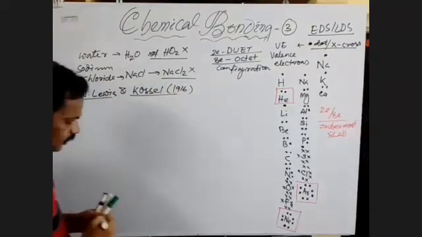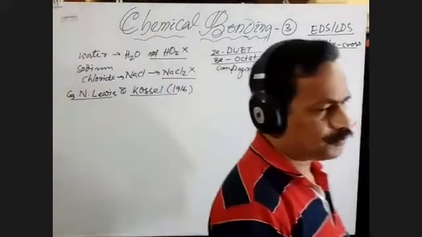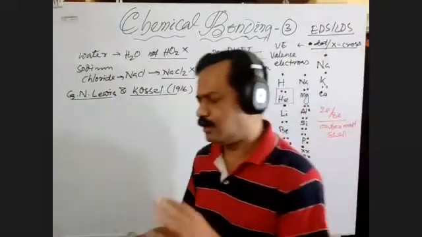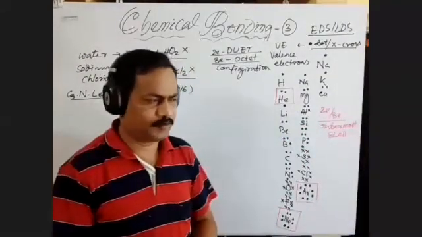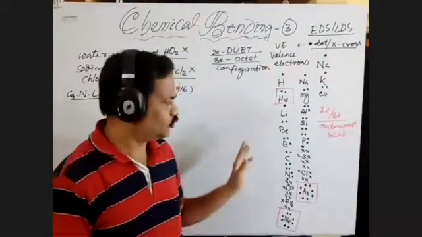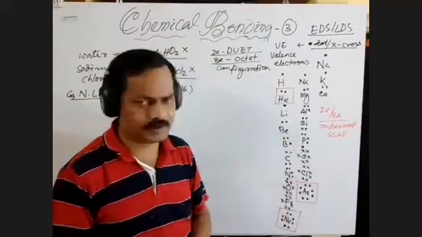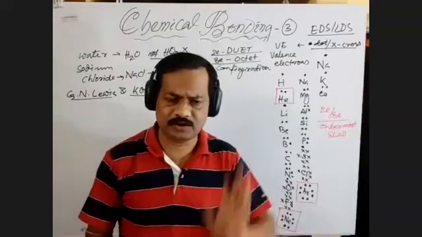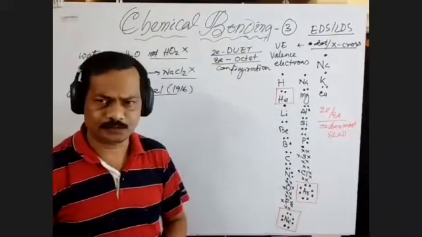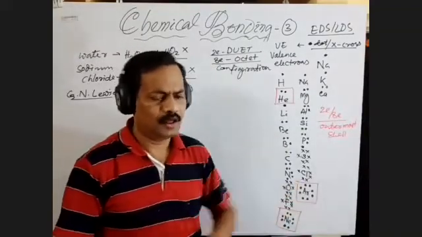These two famous chemists suggested that because atoms are not stable at all, they always want this magic configuration, either by losing electrons or by gaining electrons.